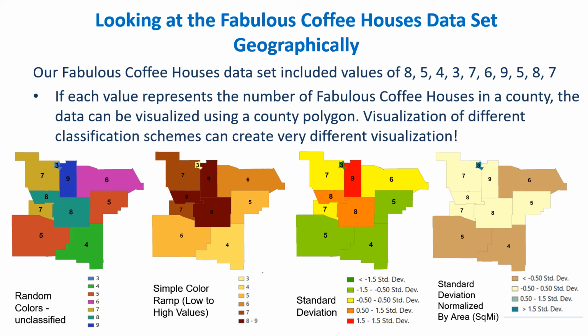Not sure exactly what it's telling me, but if I normalize that data by the area of each of the polygons, where 3 didn't look like it was very valuable, when I see it graphed using standard deviations and normalized by the square mile of each of those polygons, it must be a city because they have 3 in a very small area. So this one I think tells you more.